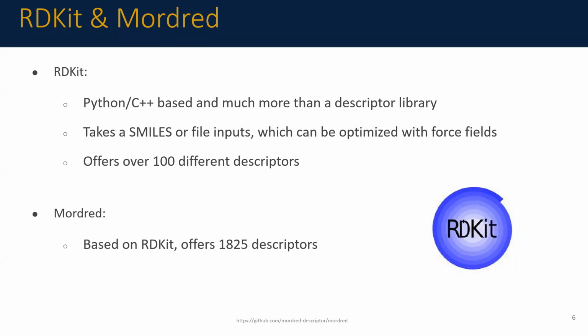But for the feature extraction, we basically can take a SMILES or any kind of input file and, for example, optimize in a force field, or we don't even need to optimize it. We can just extract some features out of it. RDKit offers more than 100 different descriptors. Even more descriptors you can extract from Mordred, which is RDKit based. It's around 1,825 descriptors at the moment.